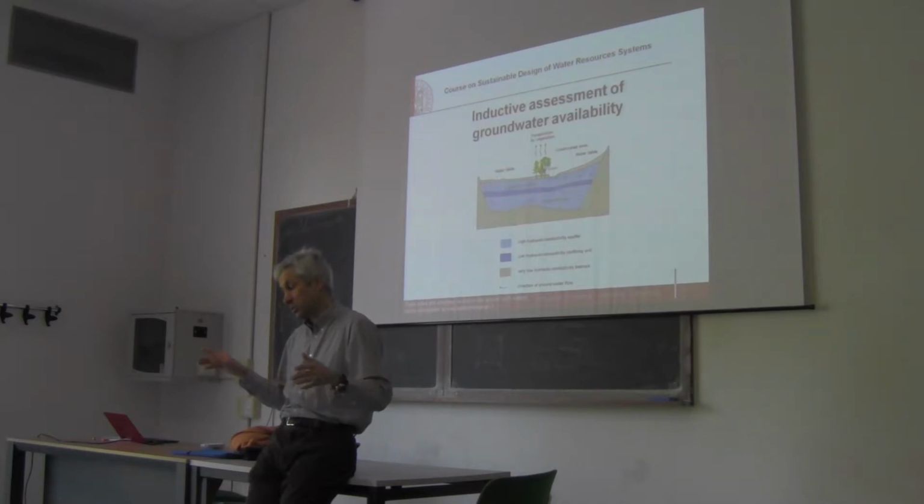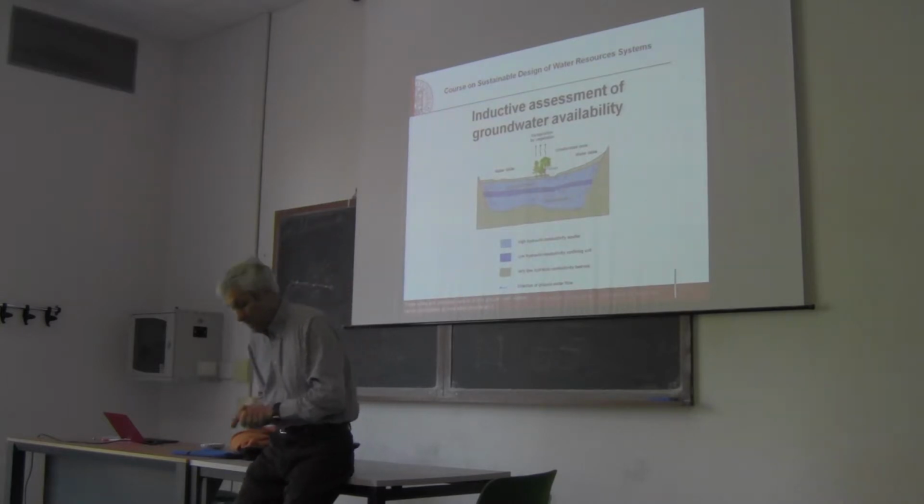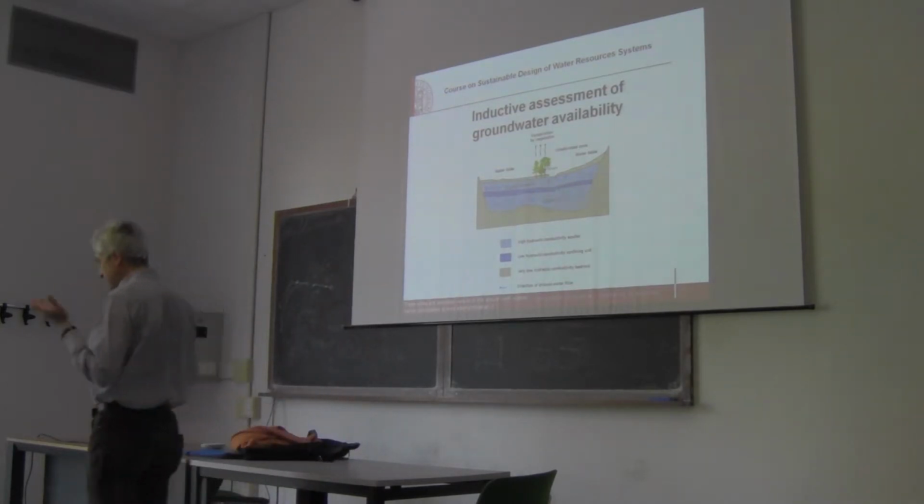If you look at groundwater resources, you may not see anything because they react very slowly. On the other hand, you may notice in the fall season that the aquifer is not recharged, or that it decreases after some months because the reaction is slower. So it's not really an easy task.